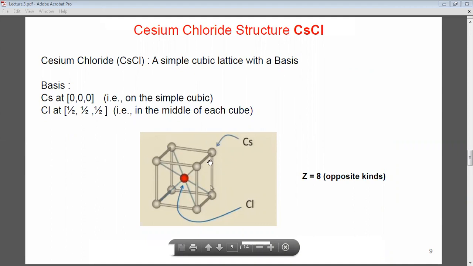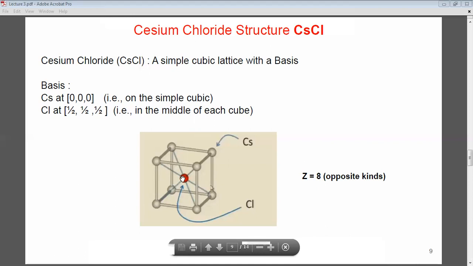We have cesium in the corners and the chloride at half, that is, in the middle of each cube. So the cesium chloride structure is a simple cubic lattice with a basis that has cesium at the corners and the chloride, the red thing over here, in the middle. So it is at half.